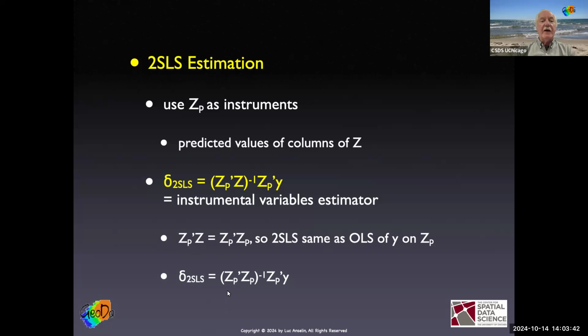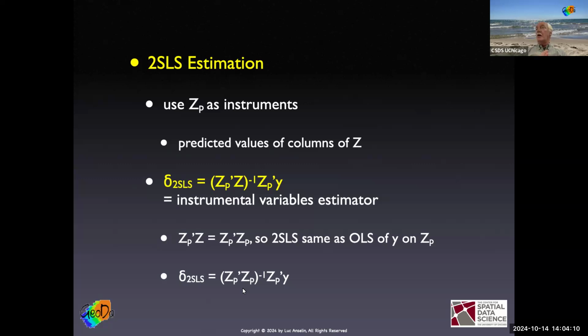So now we're back into OLS world. There's no more weird cross products that have different symbols. They're all the same. So this at the bottom is an OLS estimation with the same dependent variable Y, but replacing the original Z by all these predicted values.